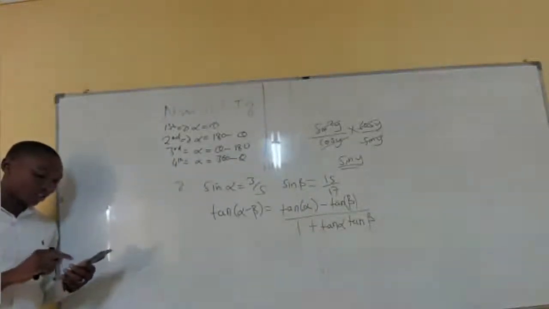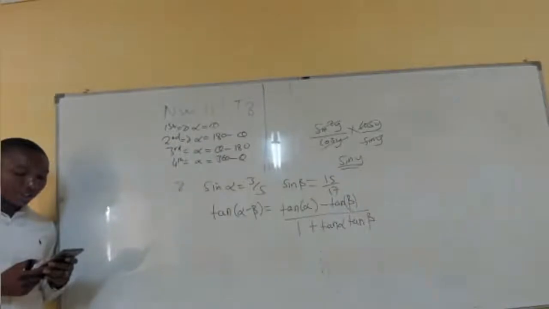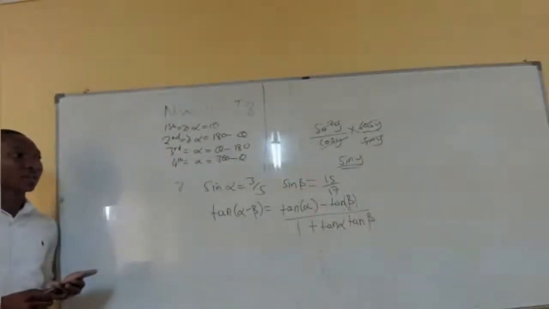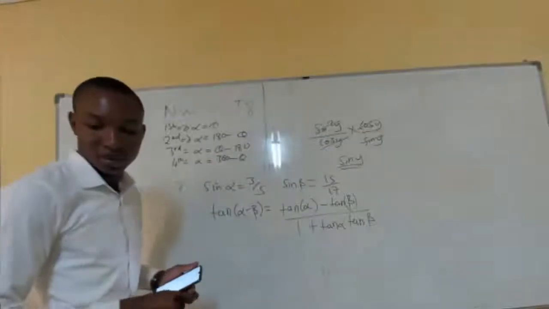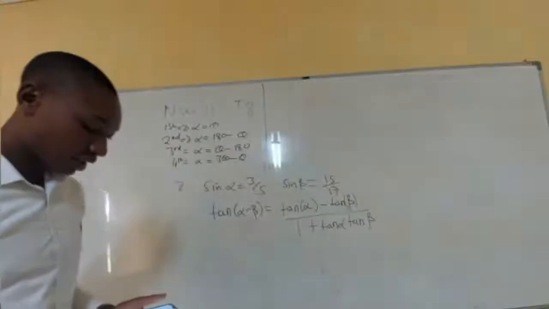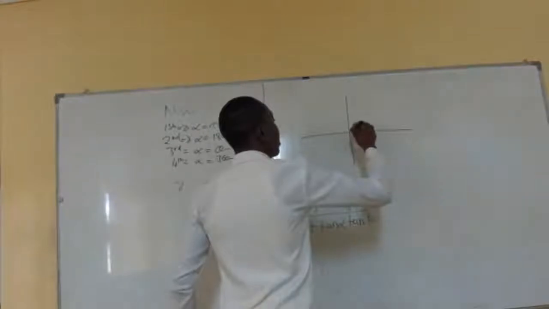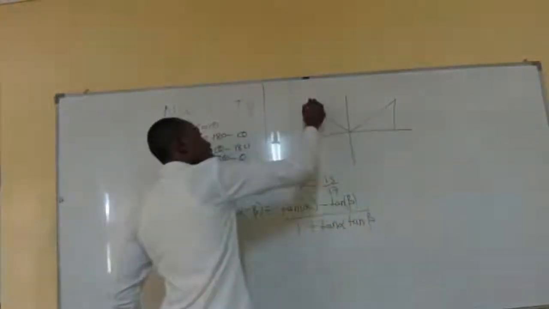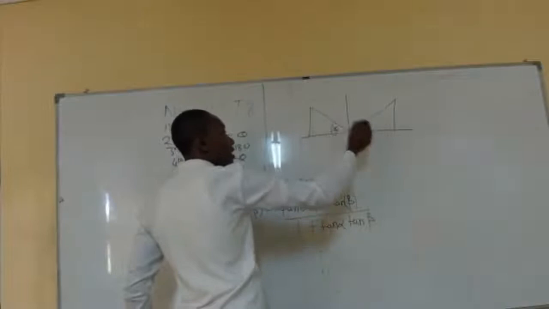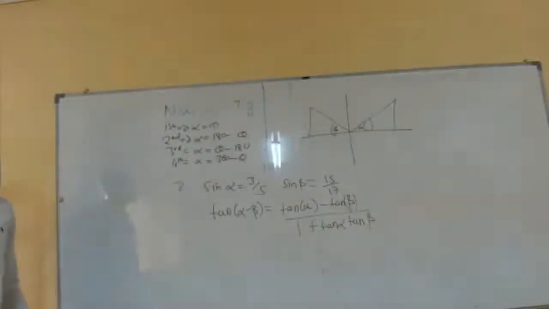Let's check where alpha has been given: alpha in the first quadrant and beta in the second quadrant. So this angle here is beta, and the other angle there is alpha.